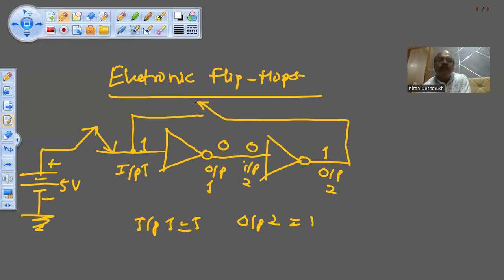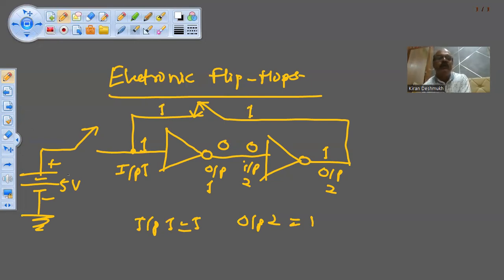Now, if I connect this switch here like this, and if I open this part, this one is transferred from the output to the input. So it will remain 1. The input will remain 1.